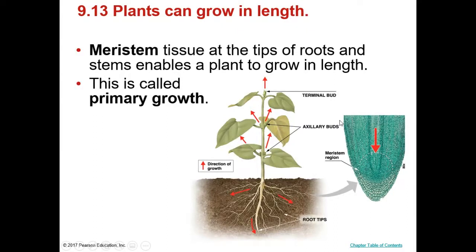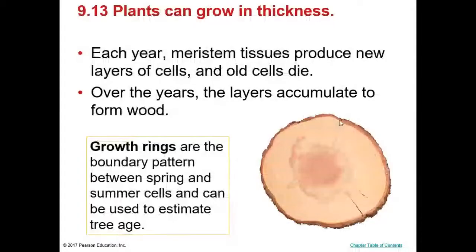So again, meristems, and as they grow, they produce new tissue in rings. Those rings contribute to the thickening of the plant itself, which innately means that the plant can essentially grow indefinitely.